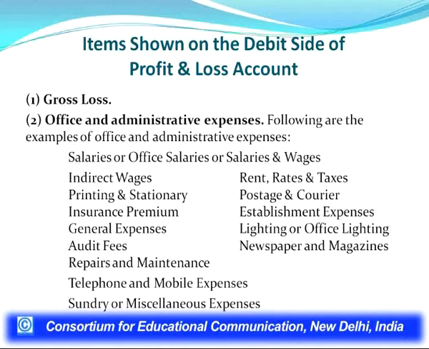And if it is a trading concern, then there is no factory or no production activity, plant and machinery. So, the insurance premium will relate to the office building and other equipments or items. Then the insurance premium will be shown in profit and loss account under office and administrative expenses.